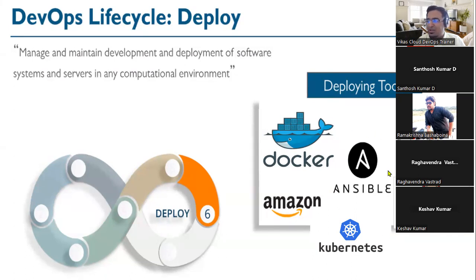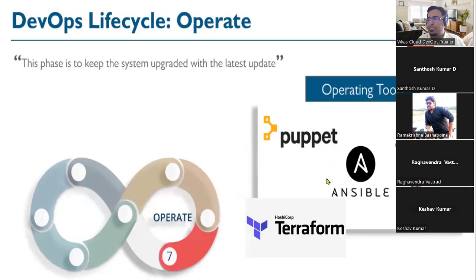This whole combination can also be automated with the help of Ansible, meaning how Docker has to be installed, how Docker and Kubernetes have to be connected. This whole setup can be done with the help of Ansible. So I'm going to teach you all these tools for deployment in our classes. Okay, operate. Can anyone explain which is the infrastructure development tool?